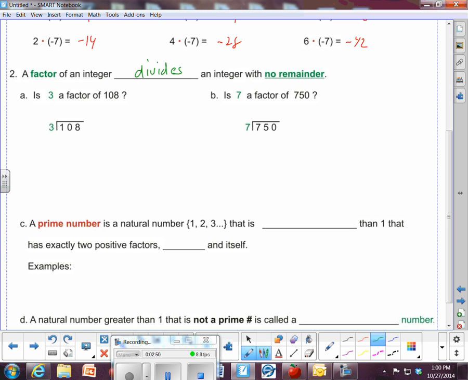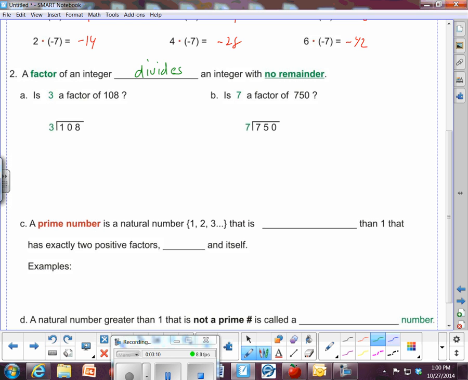Okay, this is how you can tell if something's a factor. I'll explain a little bit more what it means in a minute. But a factor of an integer divides an integer with no remainder. So if you look at our first example here, is 3 a factor of 108? Well, we can figure that out by dividing the 3 into the 108.